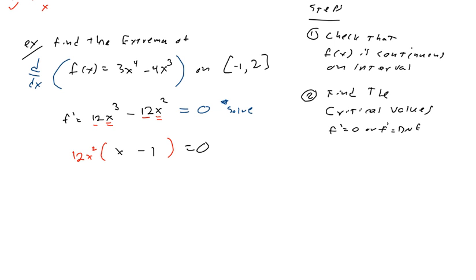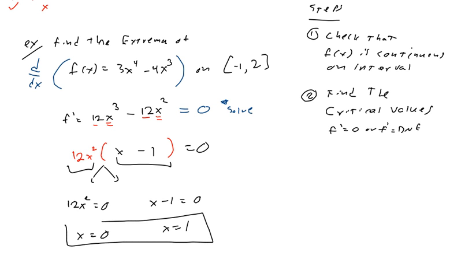This part by itself, 12x squared equals 0, and this part by itself, x minus 1 equals 0. And then, of course, our answers are x equals 0 and x equals 1. These are my two critical values.